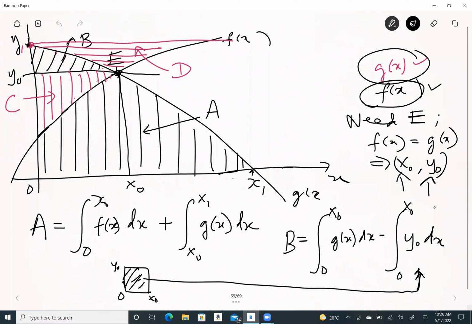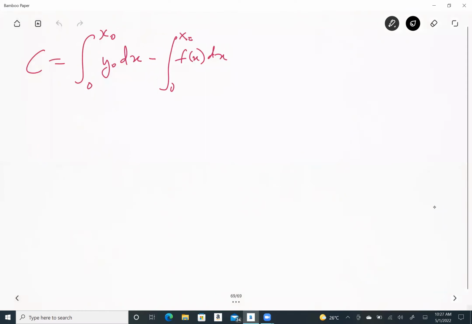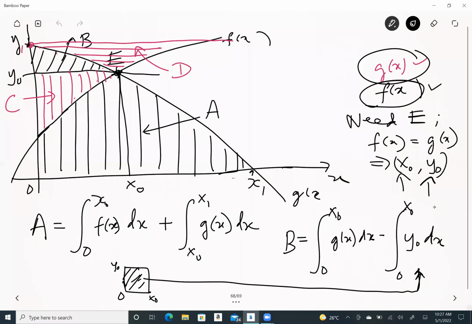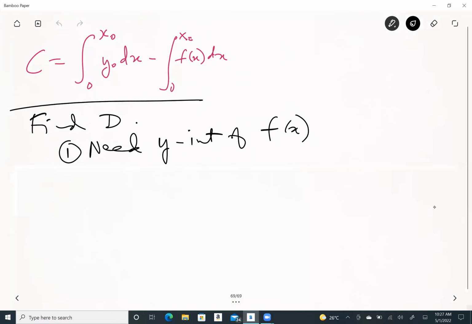All right, so in order to find area D, number one, you need the y-intercept of g of x. Of g of x, I'm sorry, f of x, g of x.